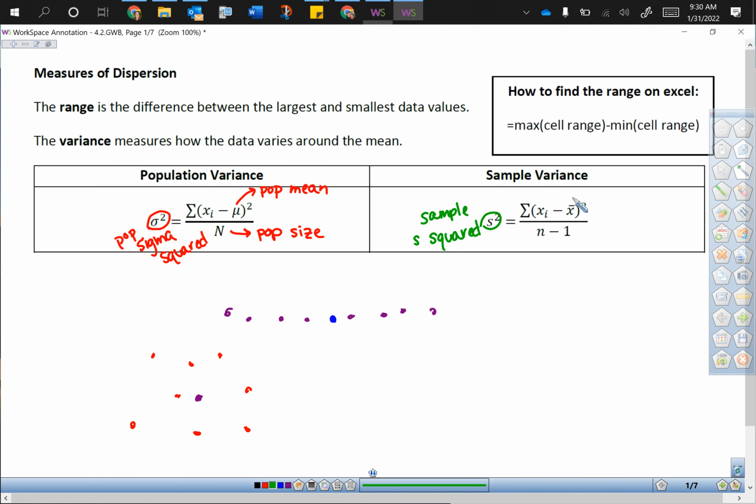We still have the data point minus x bar, the sample mean. The big difference here is that instead of dividing by the population size, like population variance, n stands for the sample size, but what are they doing to it? They're subtracting 1. So you're dividing by the sample size minus 1.